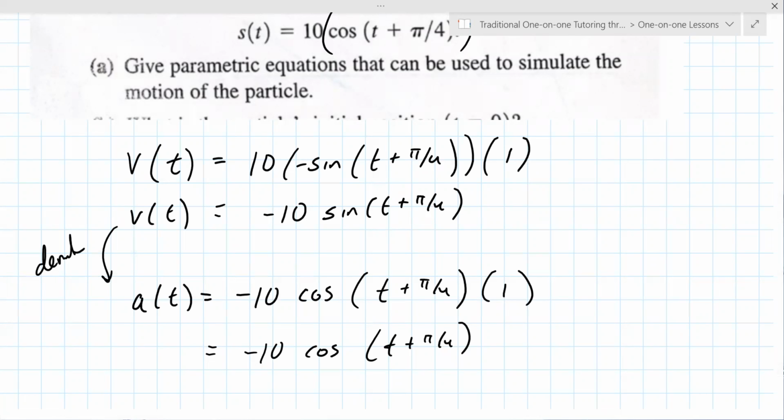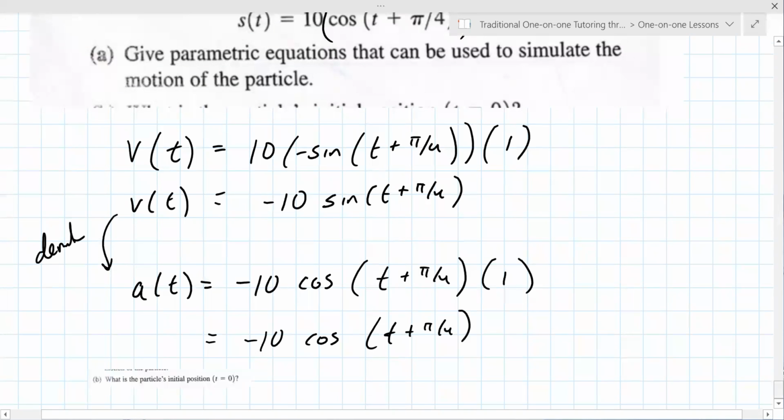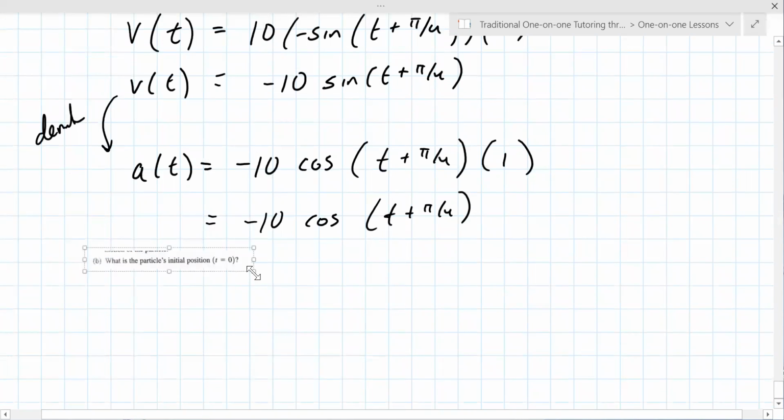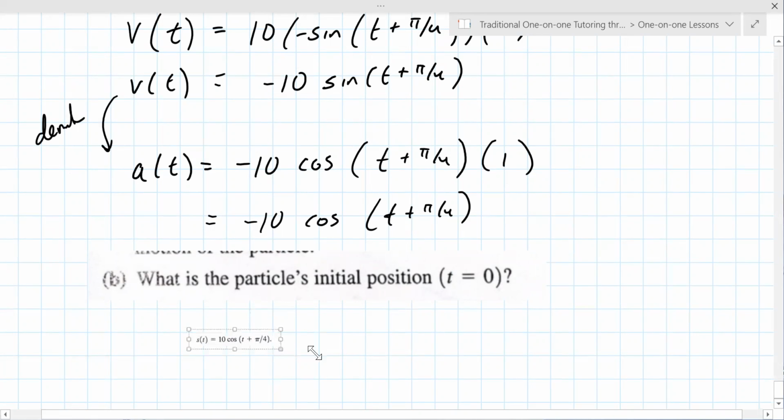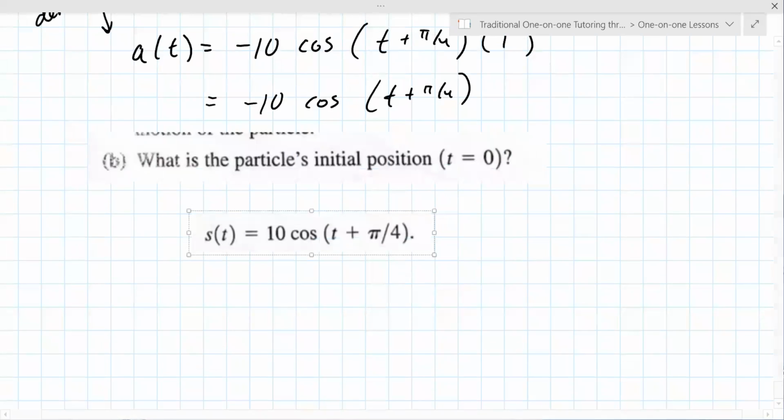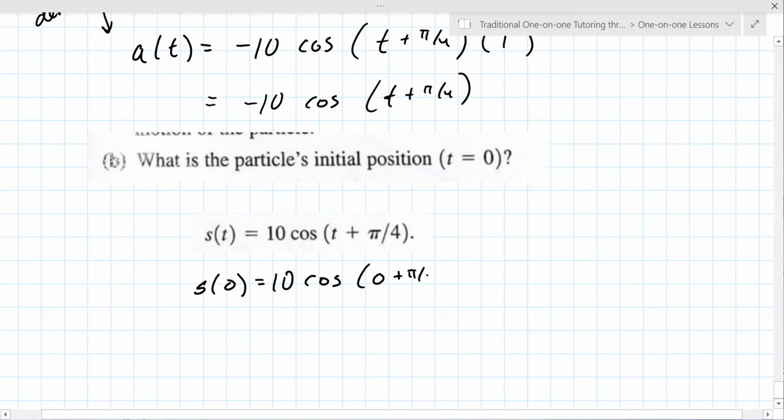So part B is the particle's initial position. So you have to make sure you're using the right function. Which one is it? It's the one that's given. Sometimes students can do some of these problems even if they don't really understand the calculus. You just have to be like, oh yeah, original function. S of 0 equals 10 cosine of 0 plus pi over 4.